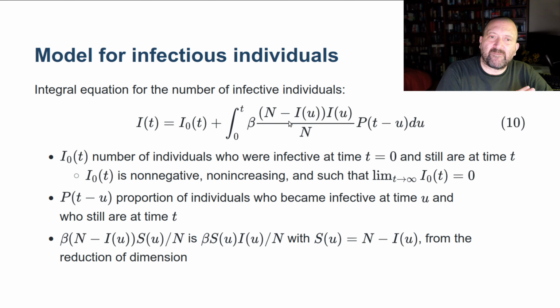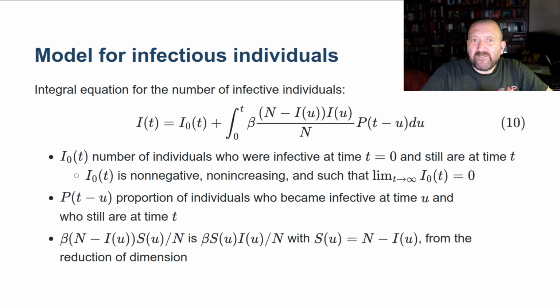And this is simply saying that the number of new infections at some time u in the past was a function of how many people were susceptible and how many people were infectious at the time. So the infection that happens at a given instant in time is beta S i over n. And this is multiplied by P of t minus u. And P of t minus u is the proportion of individuals who became infective at time u, but are still infective at time t.